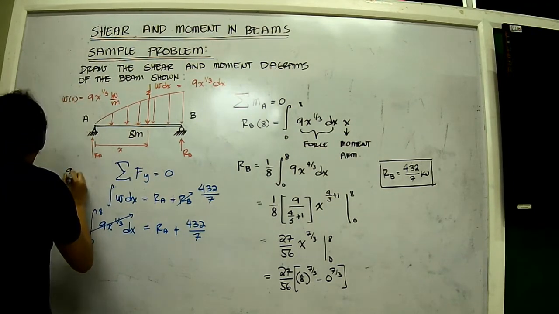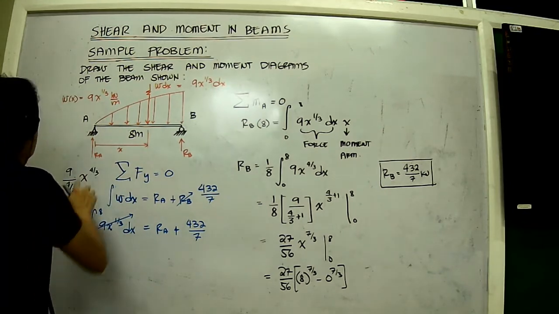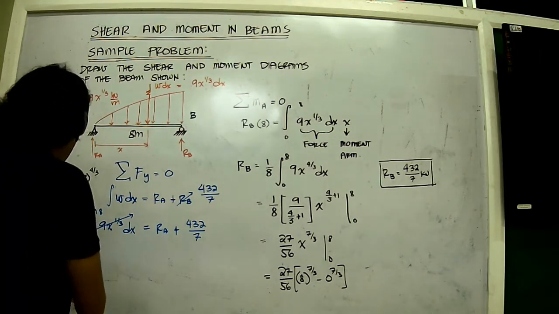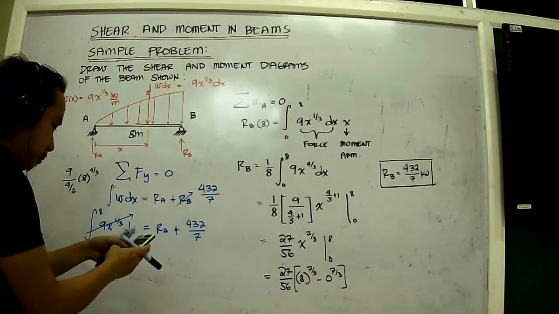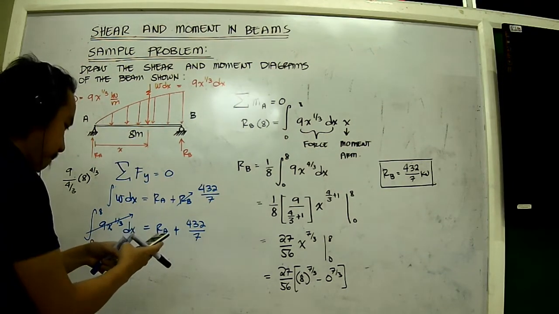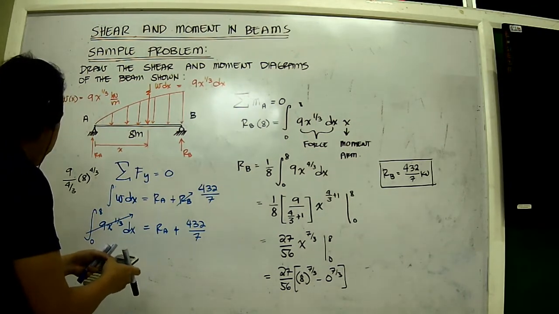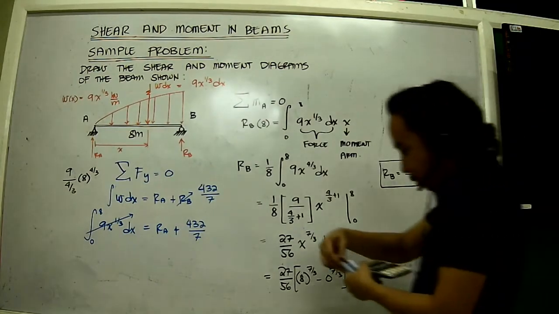So, 9 over 4/3 x to the power of 4/3, evaluated at 8.